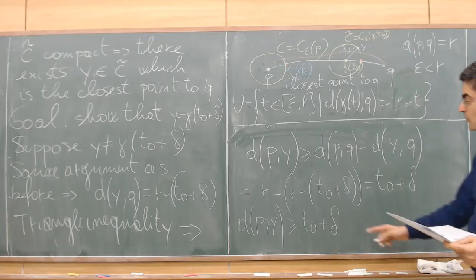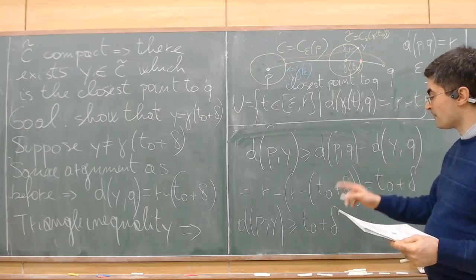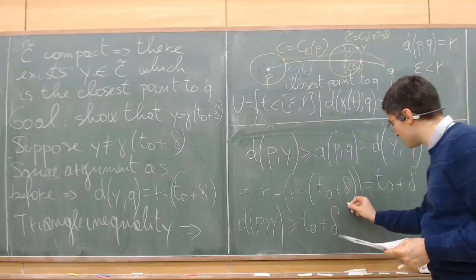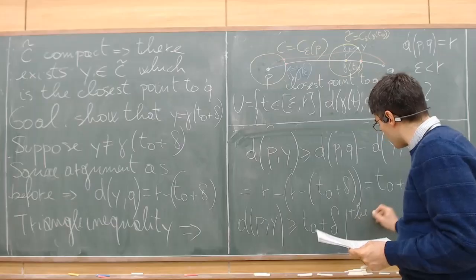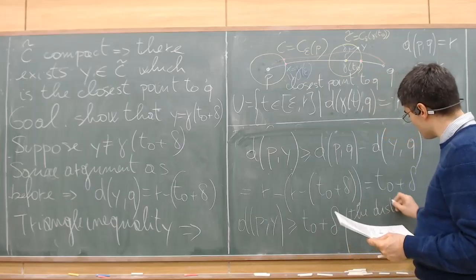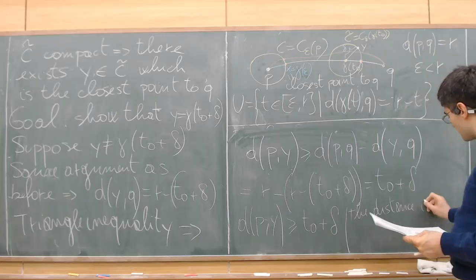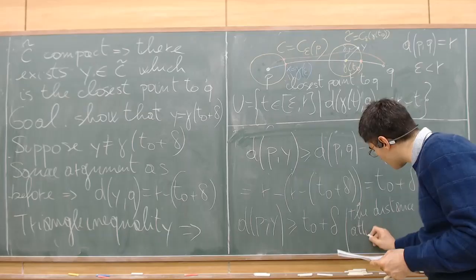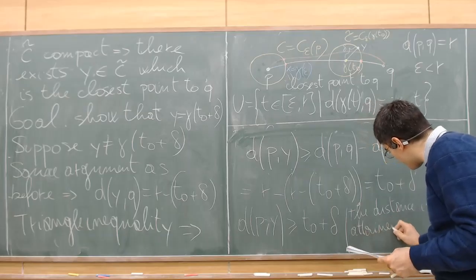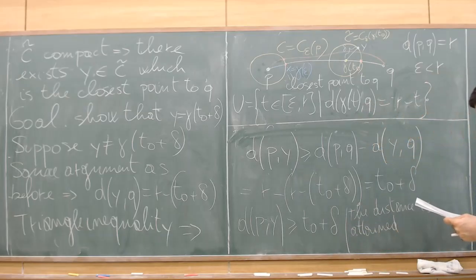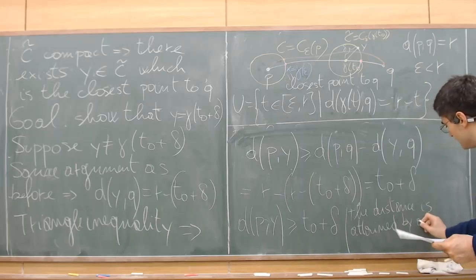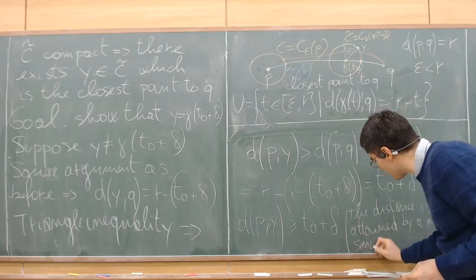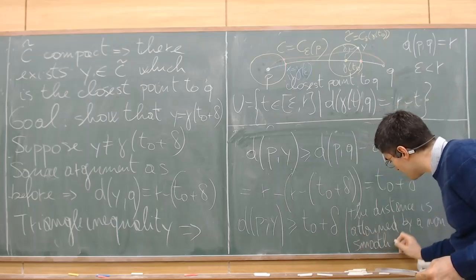And this formula says that the distance is obtained by a non-smooth curve. Why?